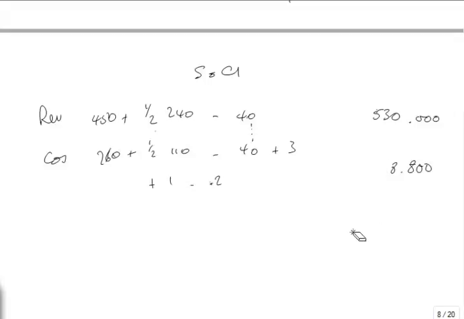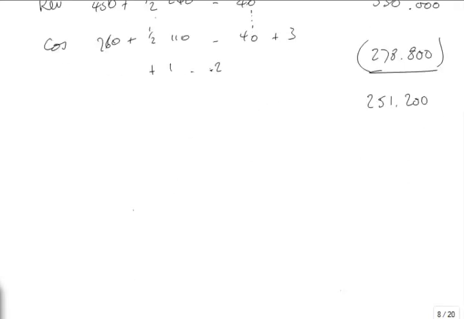That's 278. Let's try that. 260 plus 55 is 315. Minus 40 is 275. 278, 279, 278,800. Yep. 251,200, I think. Please, as usual, check my calcs.